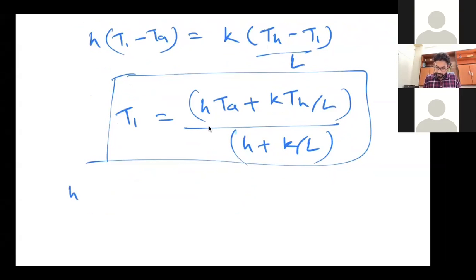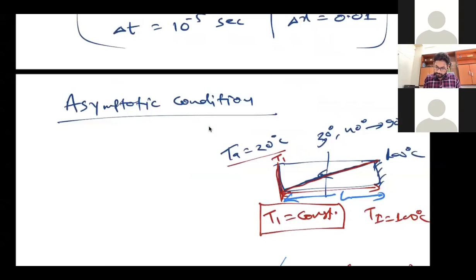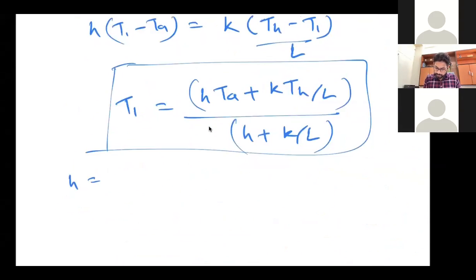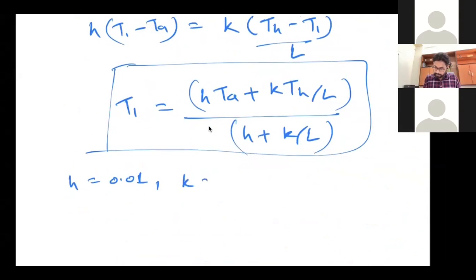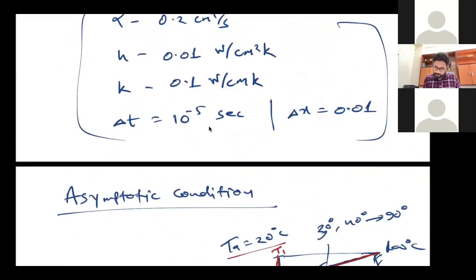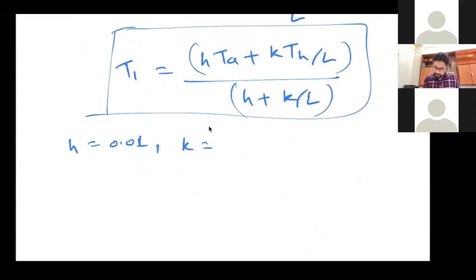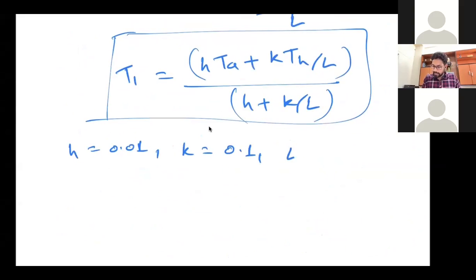We have defined h, which I believe is 0.01, k is 0.1, and L we assume is 1 centimeter, that was the thickness of the block, if you remember, right? And TH is 100 degrees Celsius and Ta is 20 degrees Celsius.